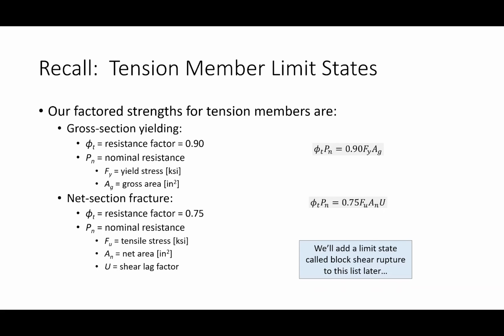Okay. Our tension member limit states, we have two right now for strength: gross section yielding and net section fracture. We're going to add one next week, block shear rupture, after we discuss design, which is our main topic of discussion next week.